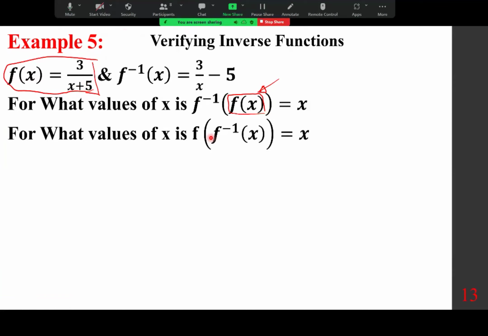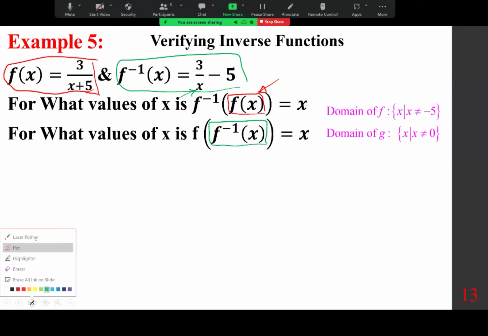But for this one, I look at f inverse of x. I have to look at this. And this one, when I look at it, says x can't be 0. So I'm going to write, for what values of x is f inverse of f of x, domain of f, x can't be -5. For what values of x is f of f inverse equals x, this time domain of f inverse, I should say.